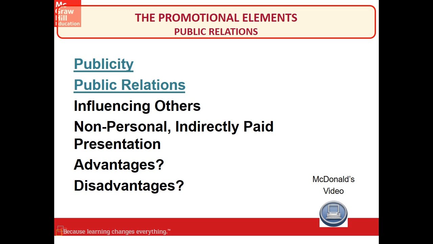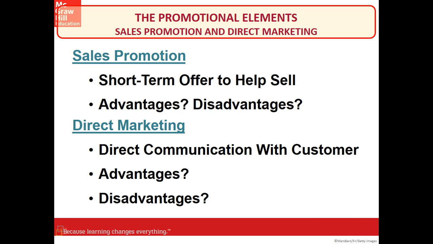Then we talk about publicity and PR, public relations. Pros and cons again. Then sales promotions. It's a short-term offer to help sell something immediately. Pros and cons. And direct marketing, direct communication with customers. What are its pros and cons again?